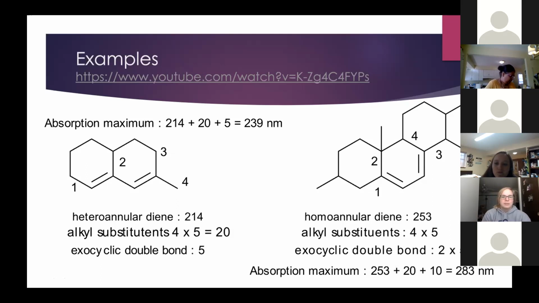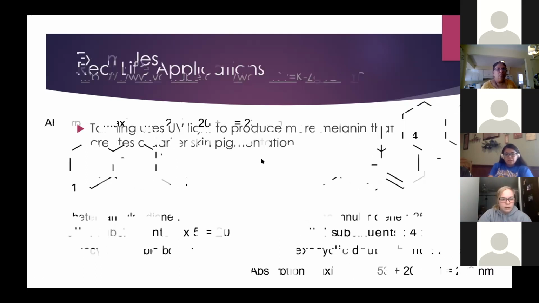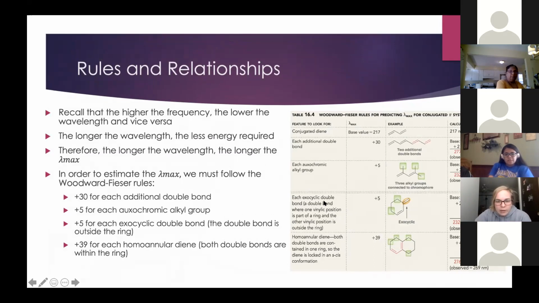Jamie has a question. Jamie, go ahead. It says that there are exocyclic double bonds. Where? Here, let me see if I can go back real quick. Okay. So it says that your exocyclic double bonds are outside. So you have one in the vinylic position that's part of the ring, and then the other is outside of the ring. So in this one, you can clearly see your exocyclic because it's coming off of the ring.